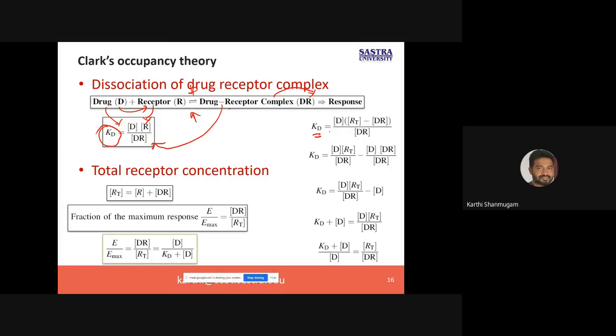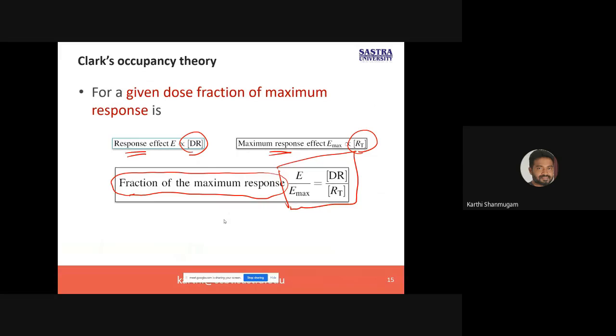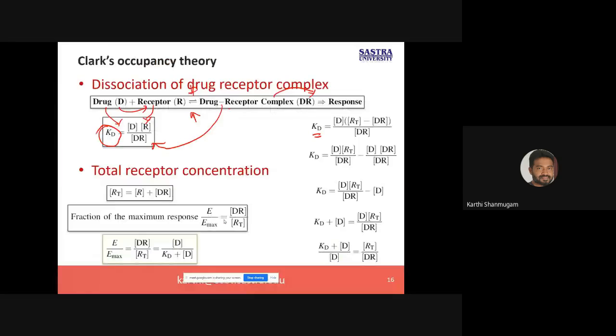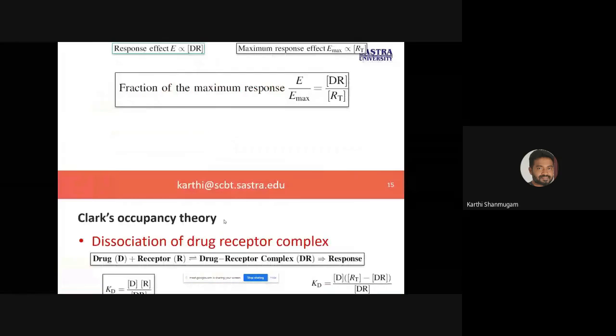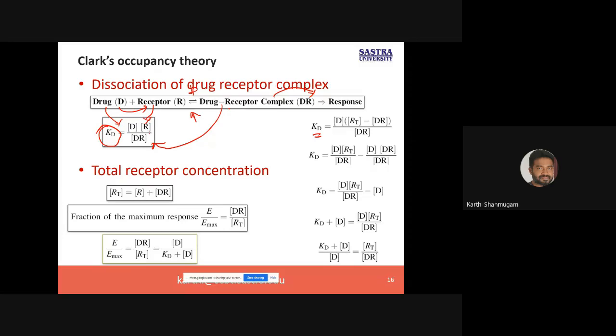Kd is equal to the concentration of the drug molecule times the receptor concentration.